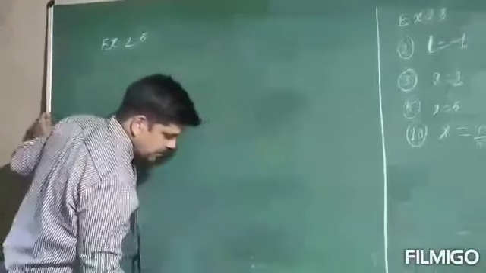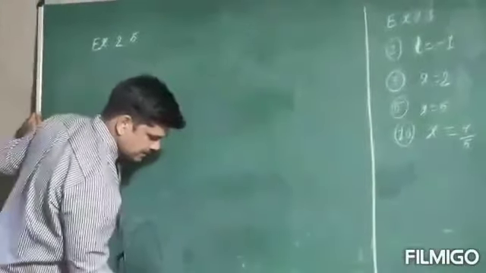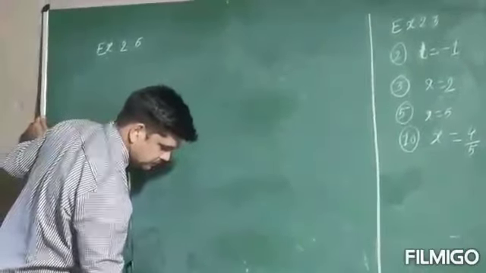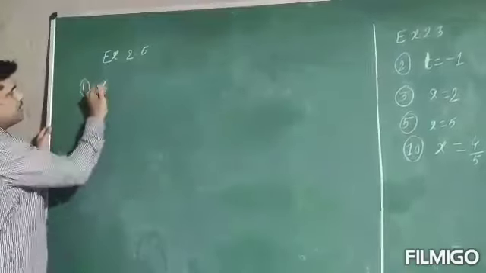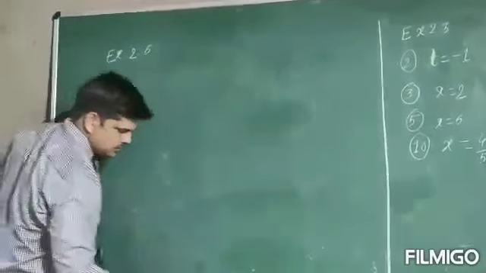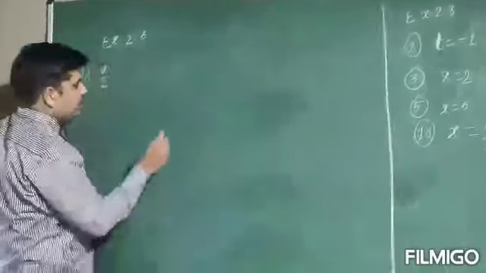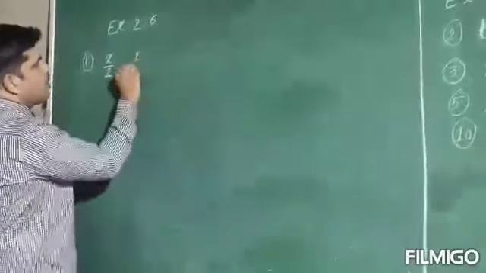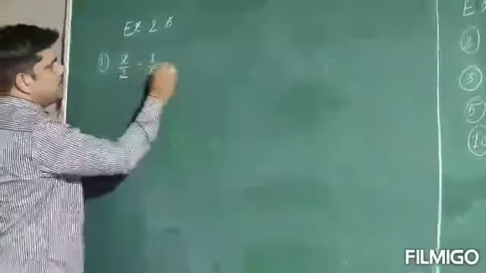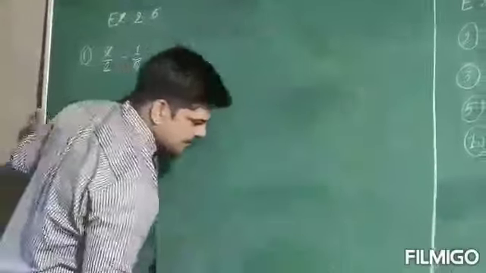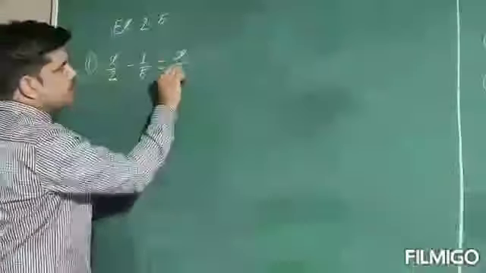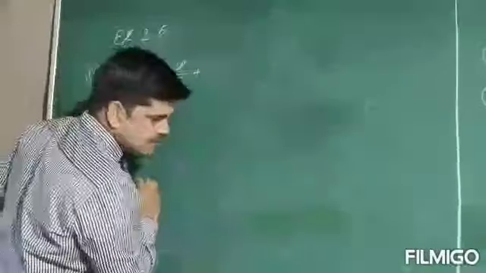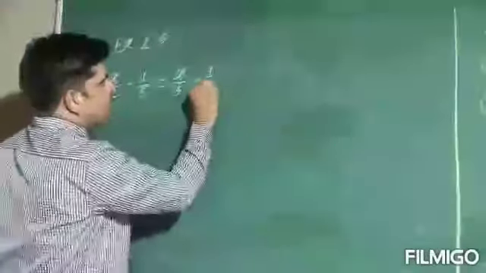See, the first sum from exercise 2.5 is x upon 2 minus 1 upon 5 is equal to x upon 3 plus 1 upon 4.